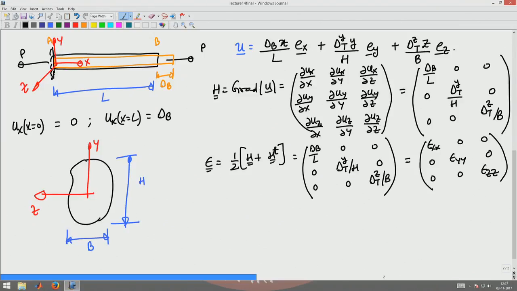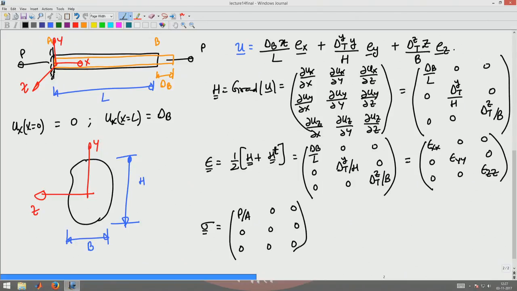Now, I want to write the stress matrix. I know I am applying a force only along the x direction. So, from there I infer the components of the stress in the prescribed x y z coordinate system will be given by P by A 0 0, 0 0 0, 0 0 0.